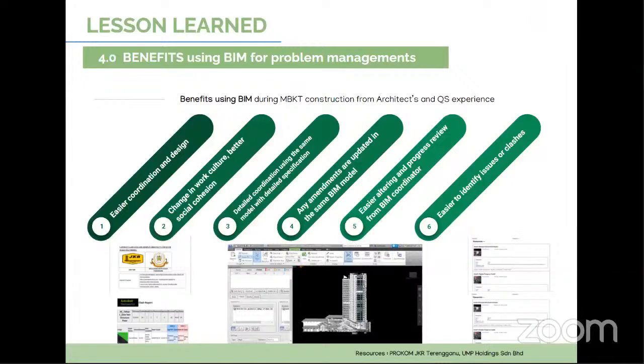From the clash report, I noticed that they do it by levels. So, for example, the lift core was modeled at the first floor earlier than the ground floor. So how they do it from each level. Then only they amend and include it in the report.